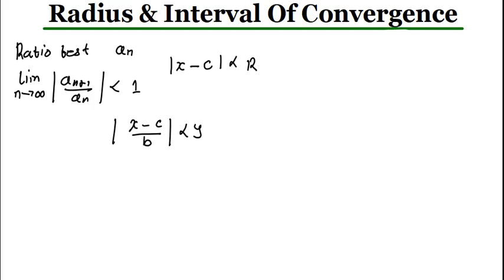You just multiply both sides, and you don't have to worry about whether that is positive or negative because of the absolute value symbols. So this is going to be less than by. Having written it in this form, it tells me my radius is equal to by. This here is our radius.